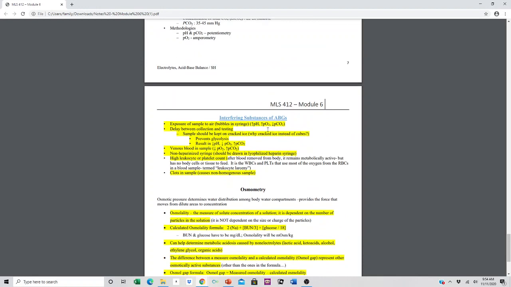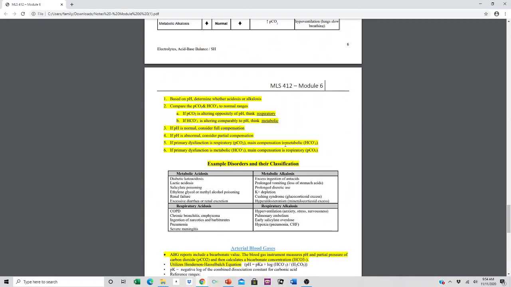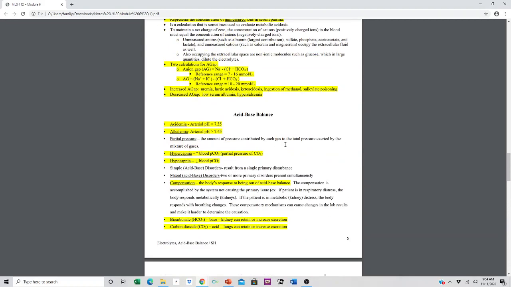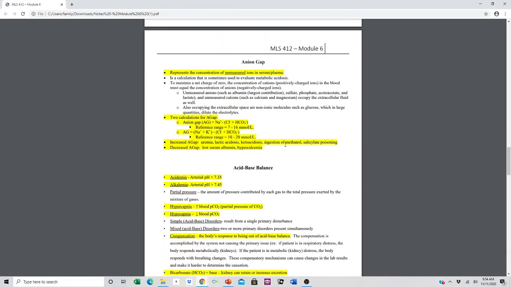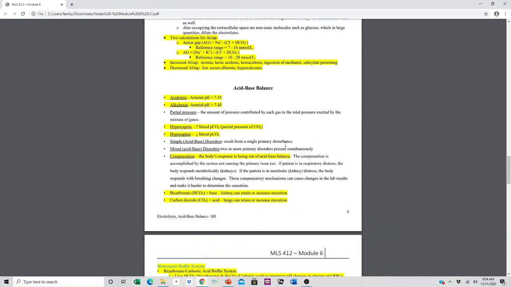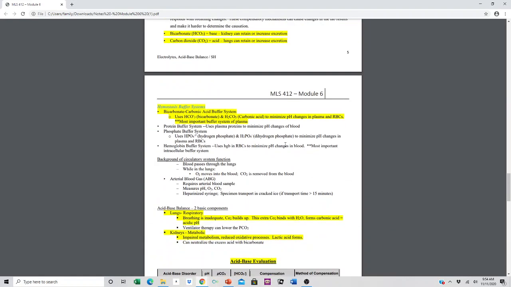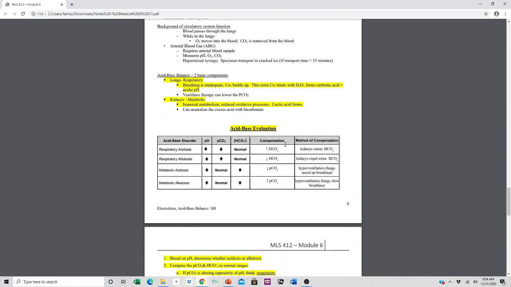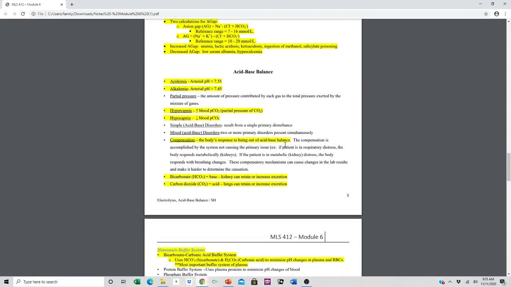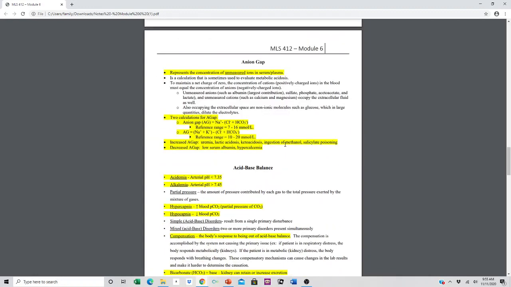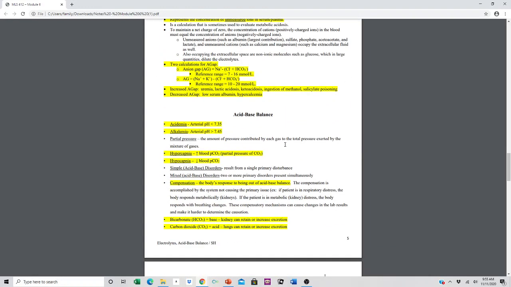So, interfering substances with arterial blood gases. This is important to know. And again, with arterial blood gases, remember this is getting drawn from an artery. Where was that at? I'm looking now.